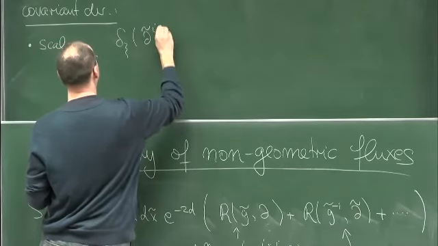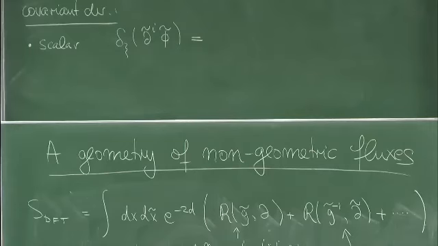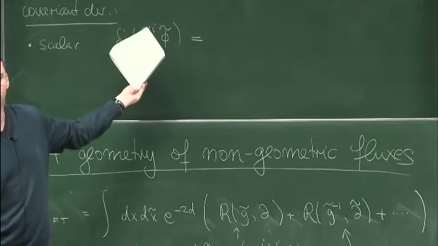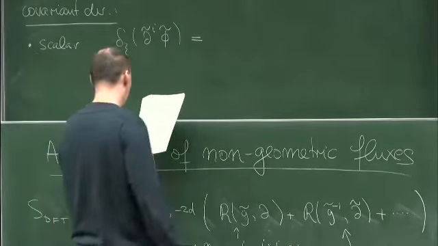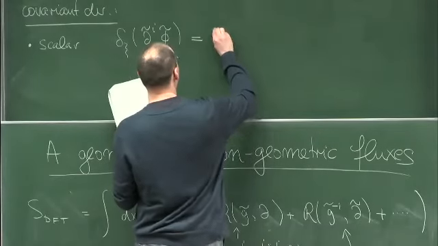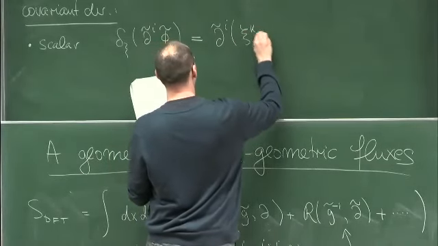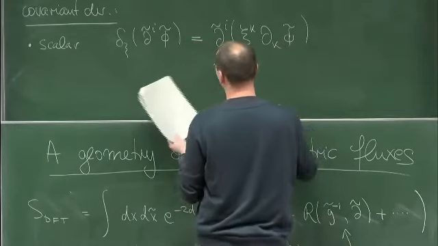Just to remind you, if you take the standard partial derivative of a scalar, you get a one-form or covector, which is covariant. But now we're taking the tilde derivative, which has an index up, so that should transform as a vector. I will run out of time, so let me not go through all the details; inserting the transformation of a scalar, I get the following.